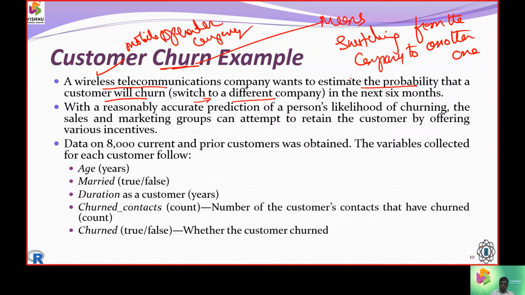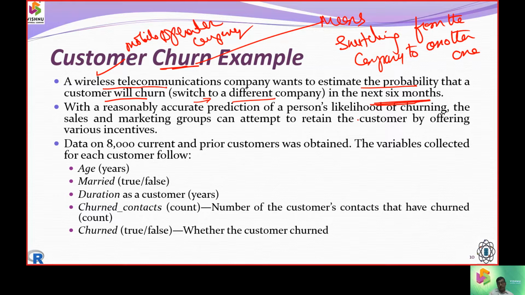And we need this for the next 6 months. So that is also a given. The manager will ask who will be the persons that may churn in the next 6 months. So what is their probability? Who can tell that these persons may churn?